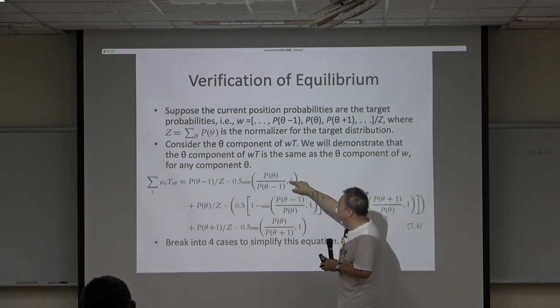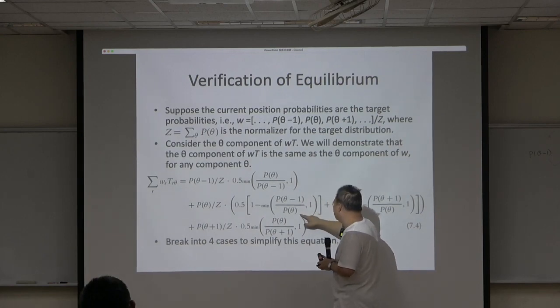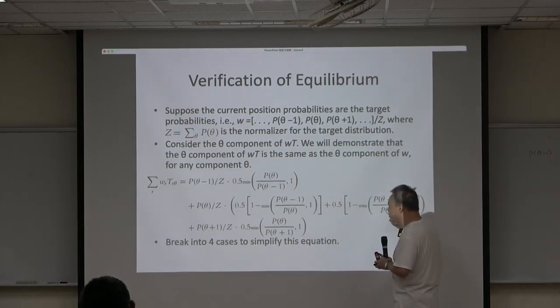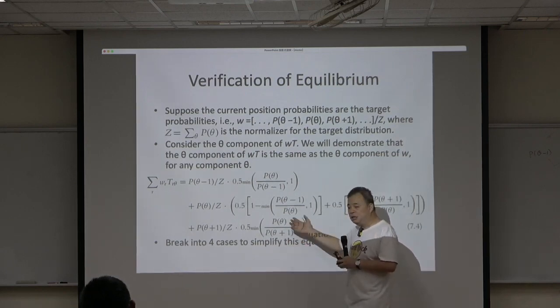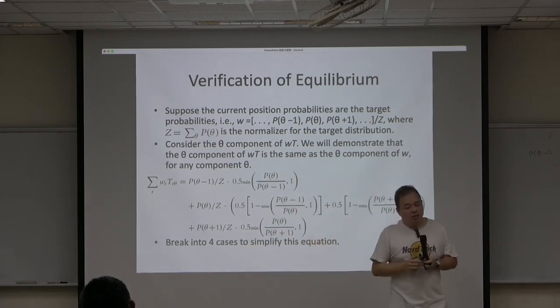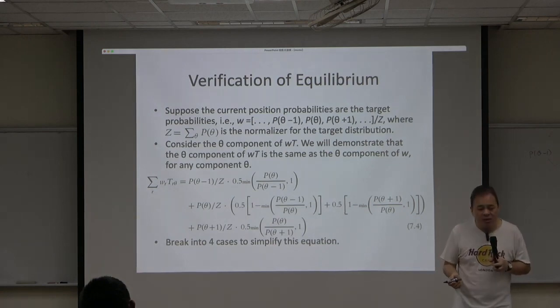Here it's about P theta minus 1 to P theta. This one is between P theta minus 1 and P theta. This one is about P theta to P theta plus 1. This is about P theta to P theta plus 1. No term here needs to ask the relation between P theta minus 1 and P theta plus 1, right?